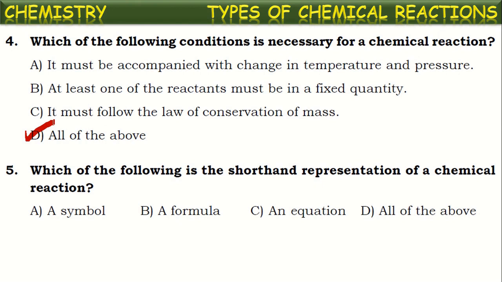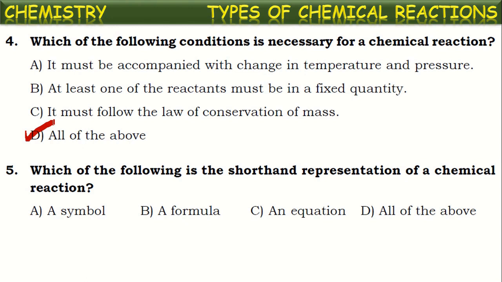Just like the symbols we use for representing the element's name in the shorthand form, in the same way, the shorthand representation of a compound name, we call it a formula. In the same way, the chemical equation also can be represented by using shorthand notations.